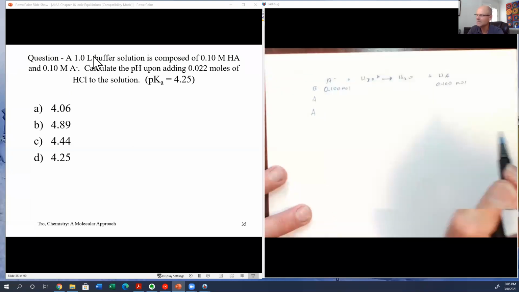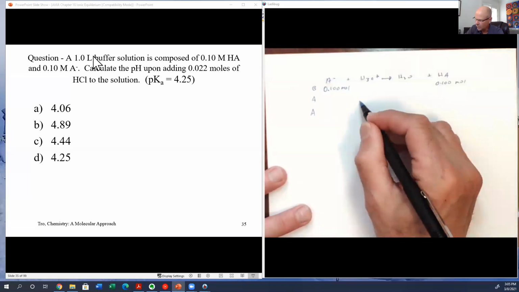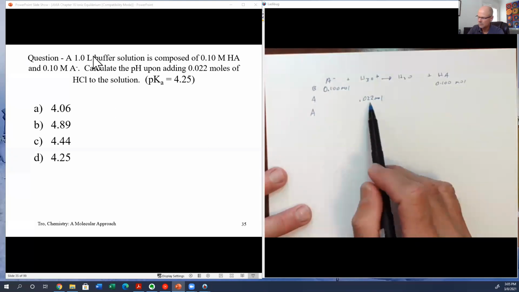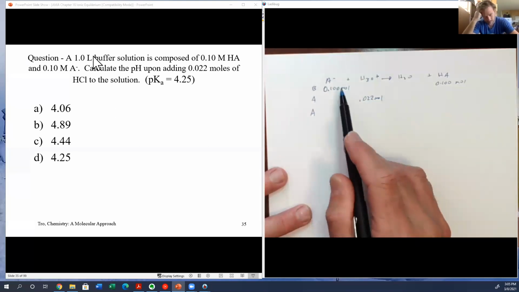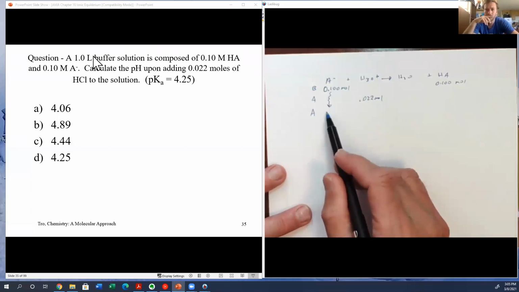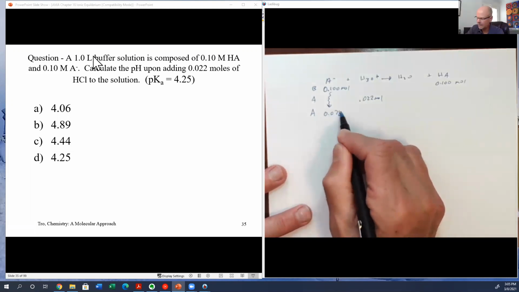That's okay, I just had another significant figure here. And then you're going to add H3O plus. So that means this is going to go which direction, up or down? It's going to go down, 0.078.